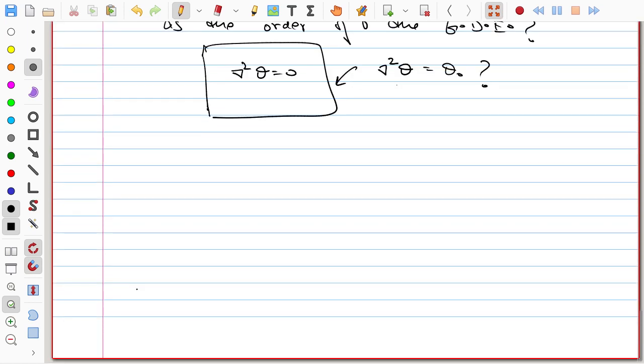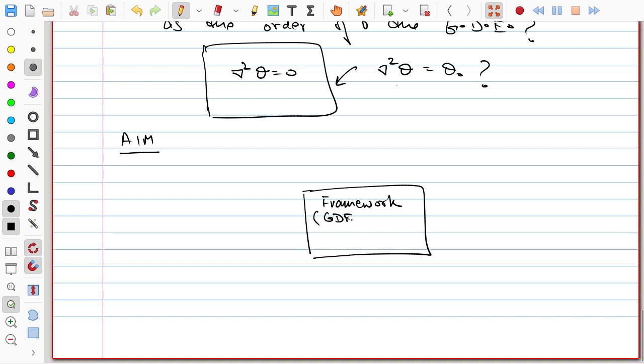So let's summarize the aim of this course. We need a framework, being a tool or some box, black box, well not a black box, we want to know what's happening inside it. So we need a framework which solves a given differential equation or a given form of a differential equation, and it applies a certain method to solve it.